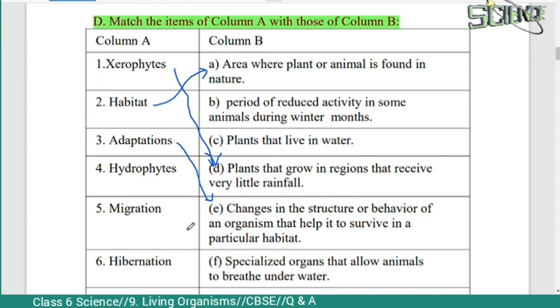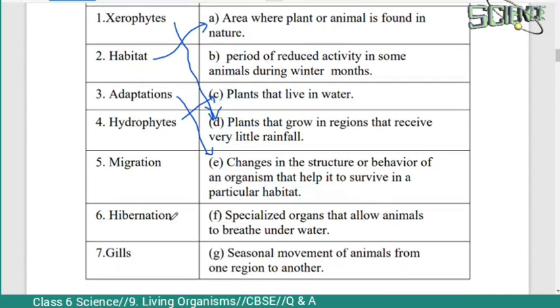Fourth, hydrophytes. Hydrophytes are the plants that live in water. Fifth, migration. Migration is a seasonal movement of animals from one region to another.